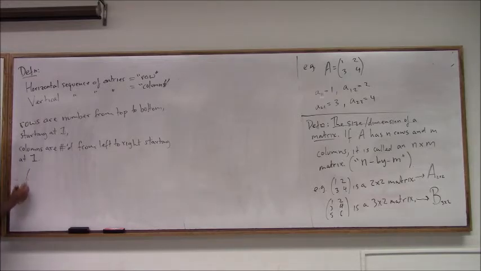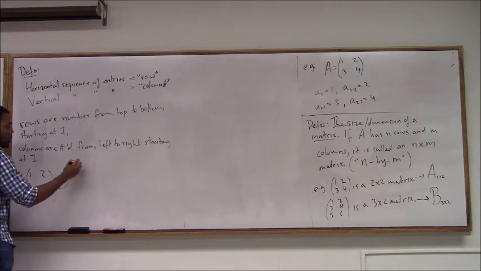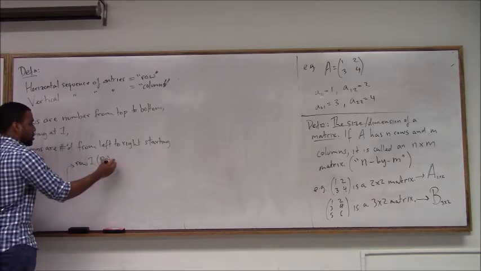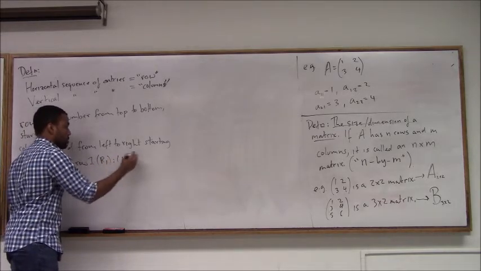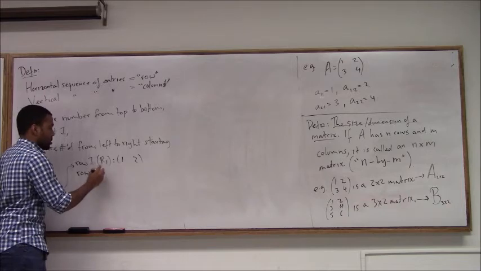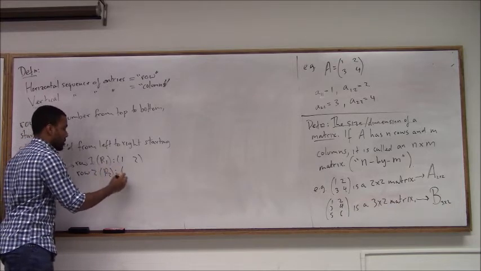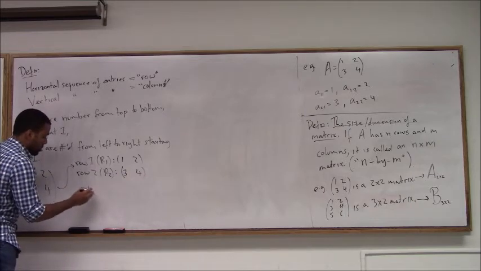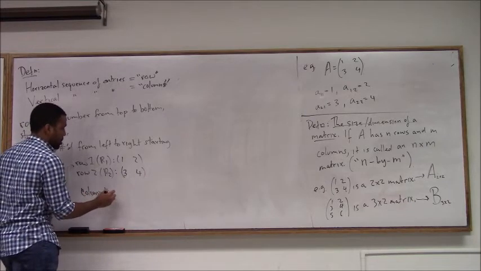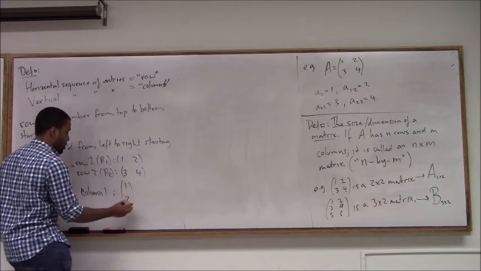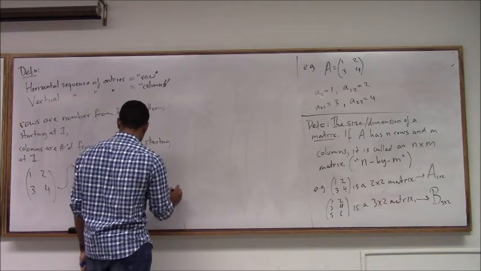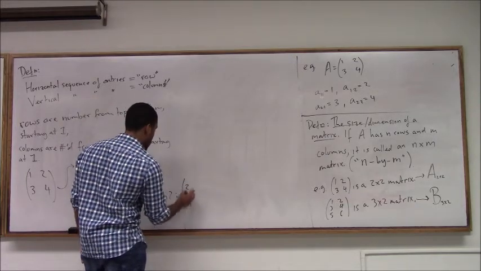So I have 1, 2, 3, 4. Row 1, which I might call R1, is 1, 2, whereas row 2, which I might call R2, is 3, 4. Column 1 is 1, 3, and column 2 is 2, 4.